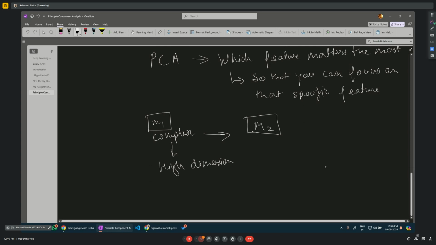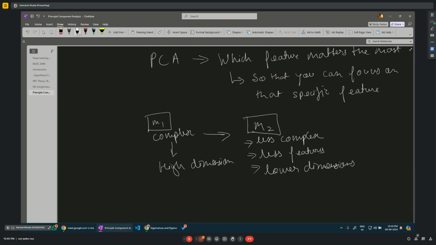So M2 less complex and less features. Which means lower, which is because of lower dimensions. This is what PCA does. Does that make sense? Like, kind of lowers the complexity of your model. Not by changing the model, by the way, directly, but by changing the data it is training on.